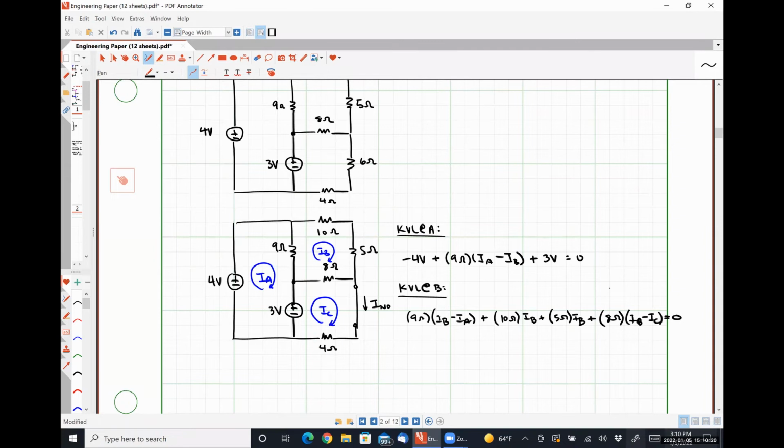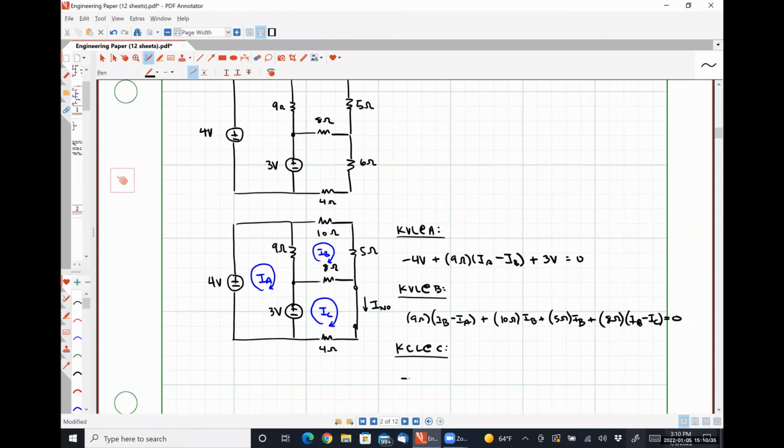And obviously now we will have a KVL at mesh C equation. Mr. Darbone, help me out here. All right. Absolutely correct. So we now have a 3-equation, 3 unknown system.